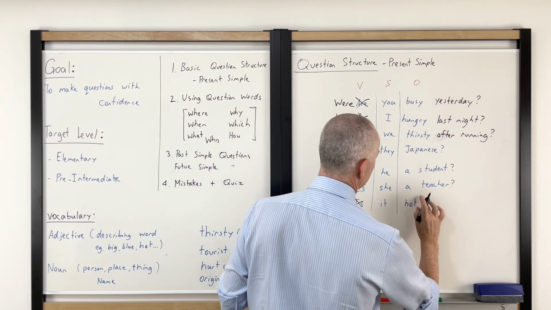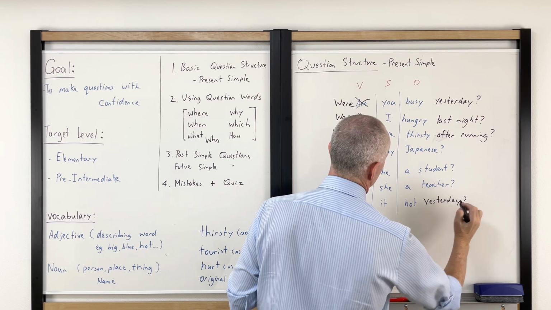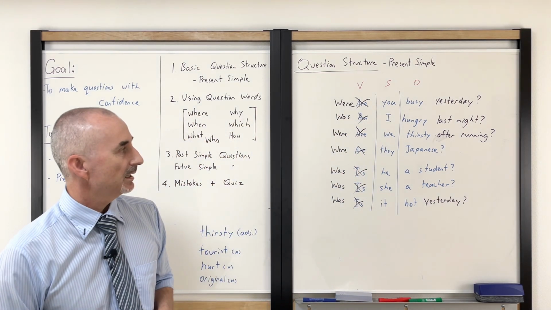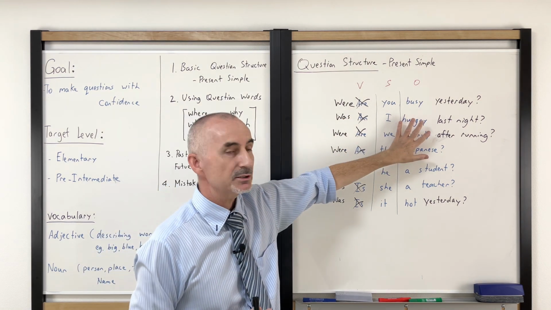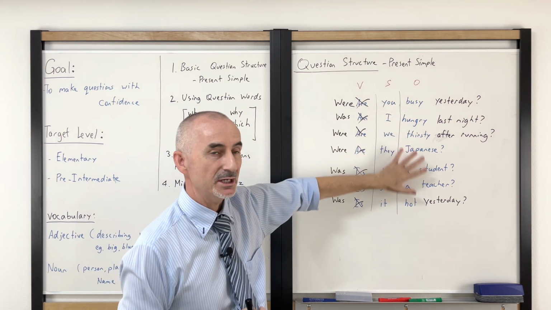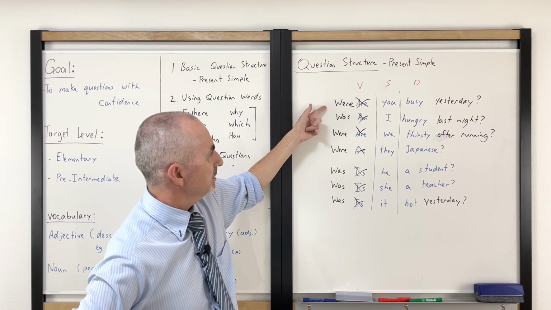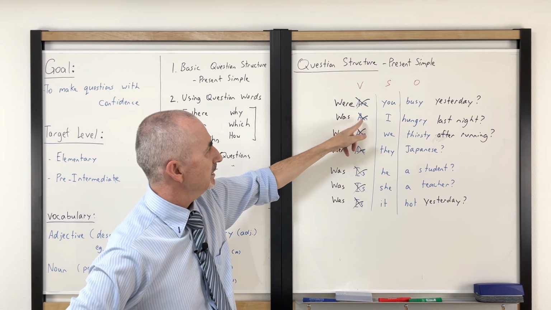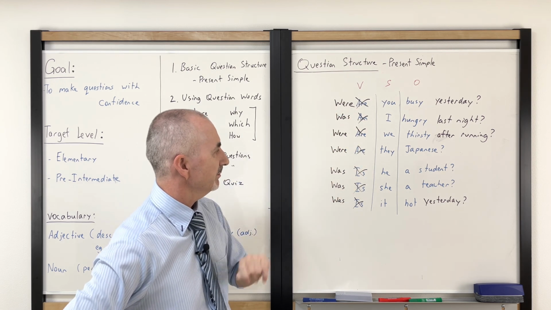Was it hot yesterday? So basically, you just have to change the verb and the structure doesn't really change. Just watch out for the conjugation. So am becomes was, are becomes were, is becomes was.